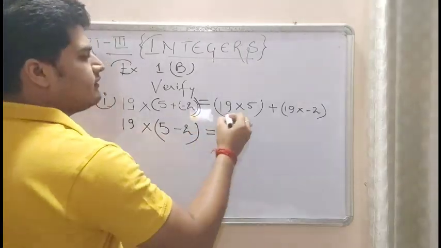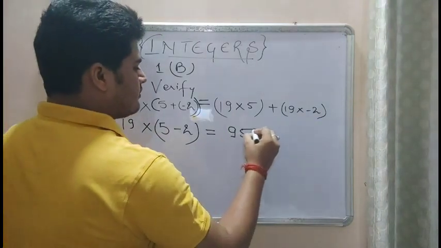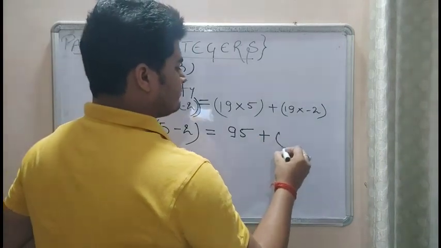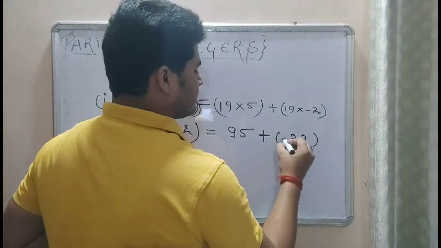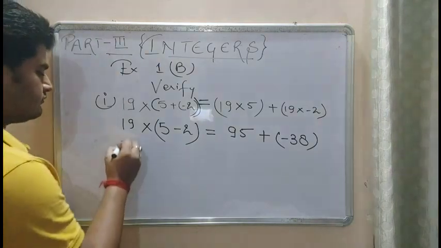On the right hand side, 19 fives are 95, plus 19 twos are 38, minus sign, so minus 38.